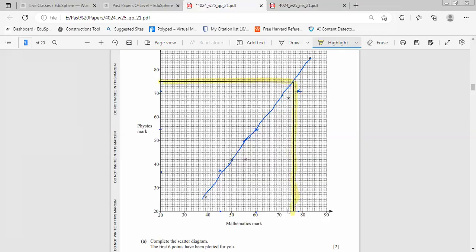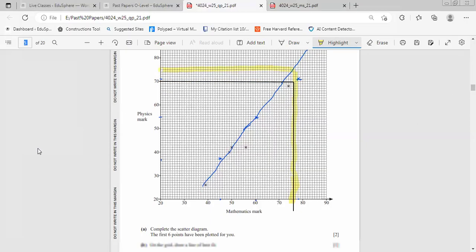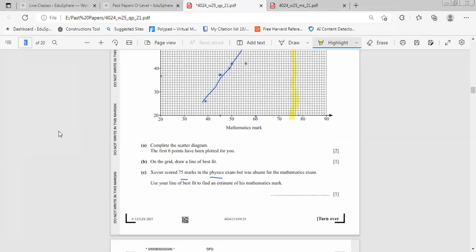So the answer will be 76. Let me just write down the answer here. So for this one, for line of best fit, the answer is 76 for mathematics. Okay. In fact, we are writing it with this one. So 76 for mathematics. Okay.